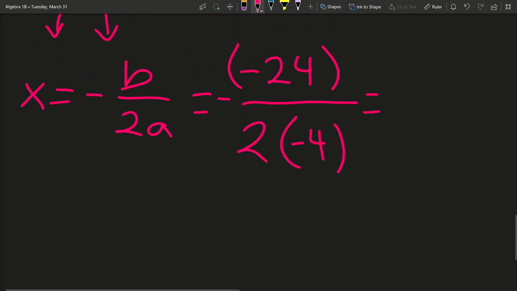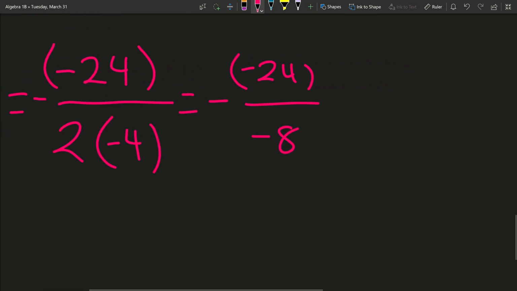So we have negative negative 24 over 2 times negative 4, which is negative 8. If we divide negative 24 by negative 8, we're left with 3, because a negative divided by a negative is positive.